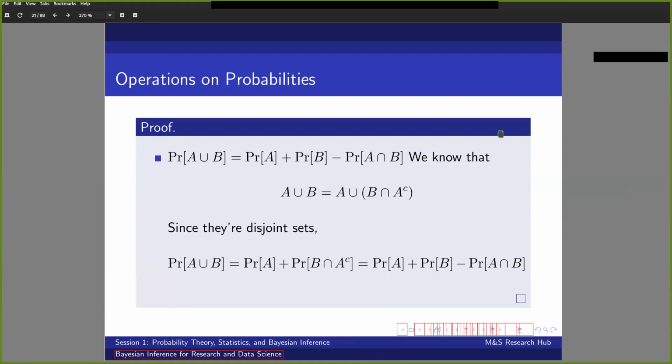Next, for this property, we know that the union of A and B is equal to the union of A and the intersection of B and A complement. Since they're disjoint sets, we can rewrite the equation as follows, giving us our result.